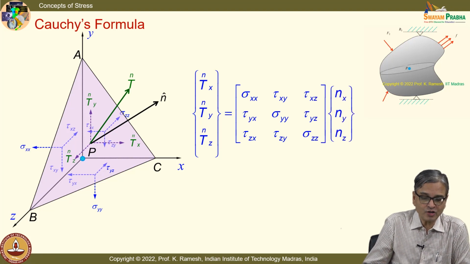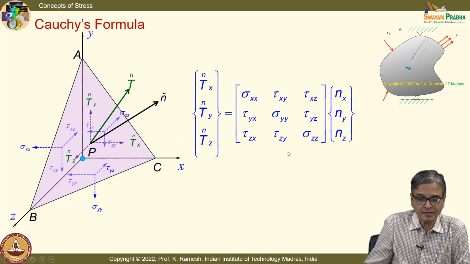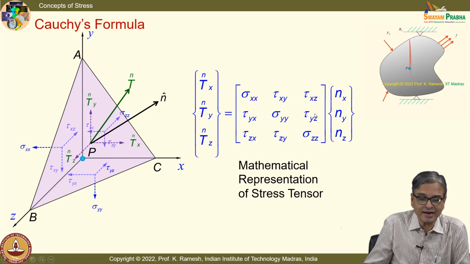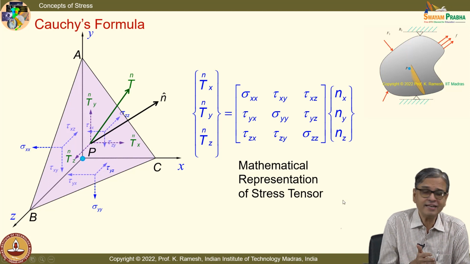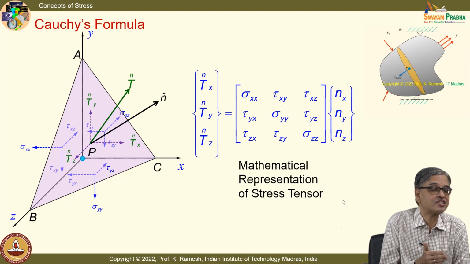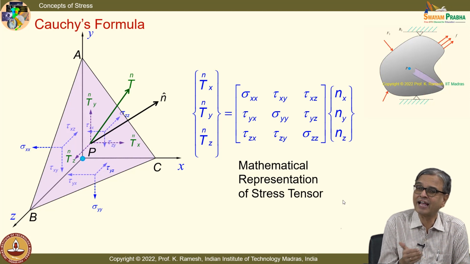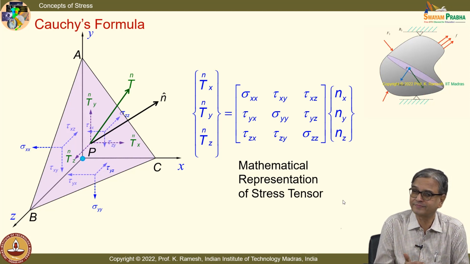And what we said was, even though my interest is to find out the stress vector on any arbitrary plane, what is fundamental at the point of interest is a matrix of 3 by 3, which I also said is representing the stress tensor, and the rank of this tensor is 2.